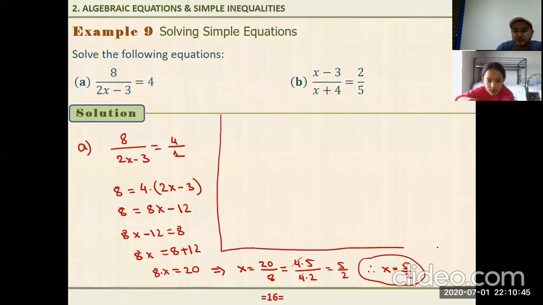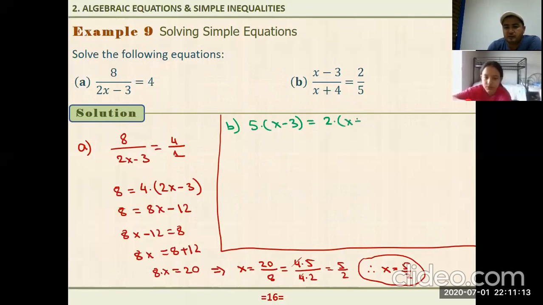I will use this for this equation. How about B? Shahina, tell me, what should I do in the first step here? We have one fraction on each side, right? So we need to cross multiply. So 5 goes here, 5 times x minus 3. Here we have 2 times x plus 4, right?